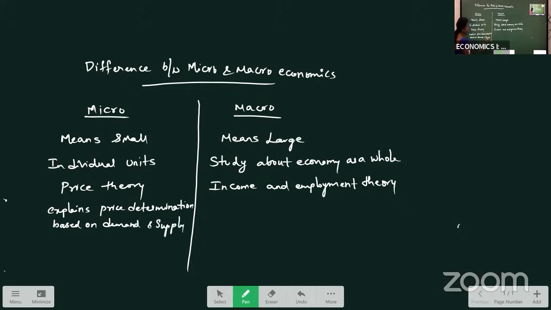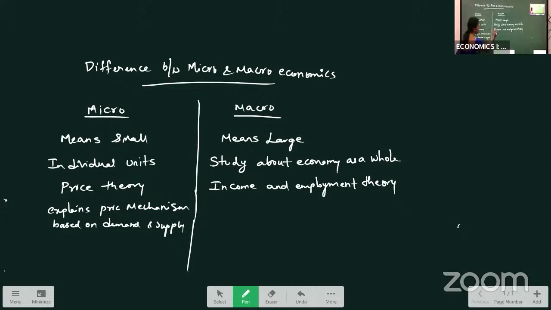Based on demand and supply means how we determine the price, whatever the price mechanism is. This price mechanism means when we increase or decrease the price, it depends upon demand and supply.